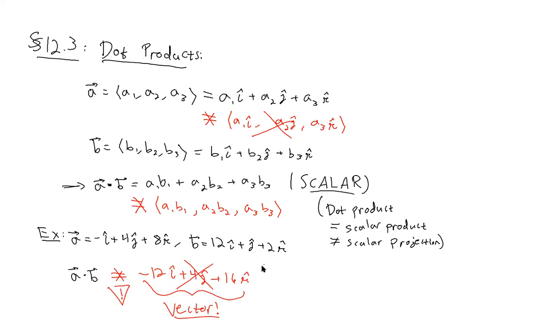So actually, let's try that again. A dot B is actually going to be negative 12 plus 4 plus 16, or in other words, 8. That's your final answer. In that case, you take the dot product, you get a scalar.